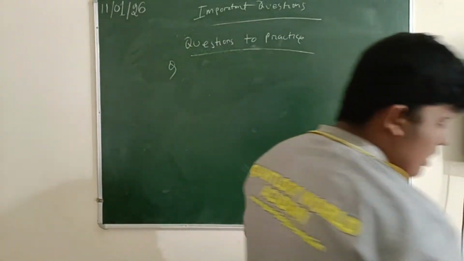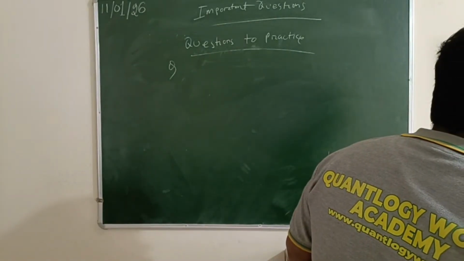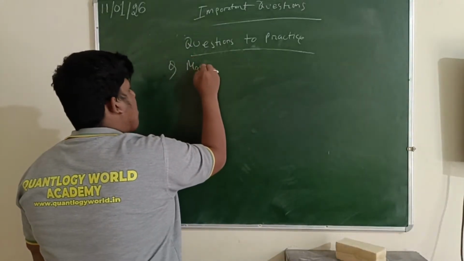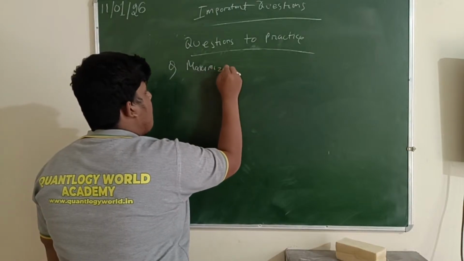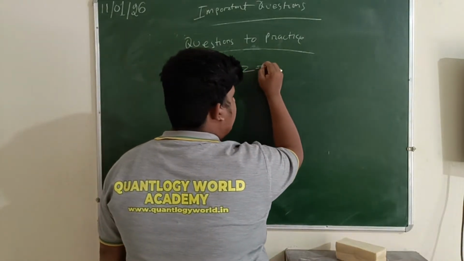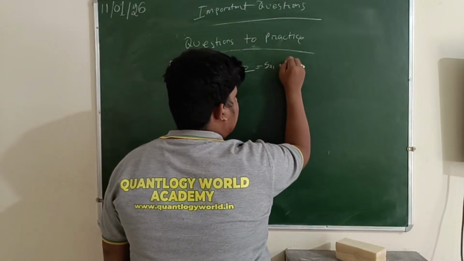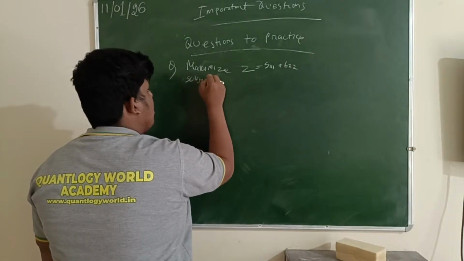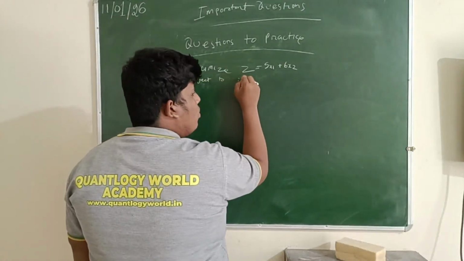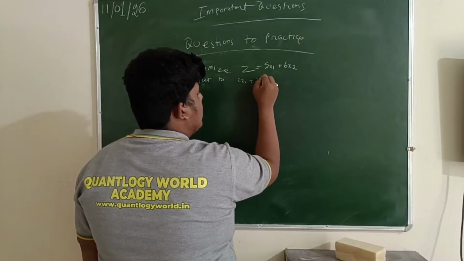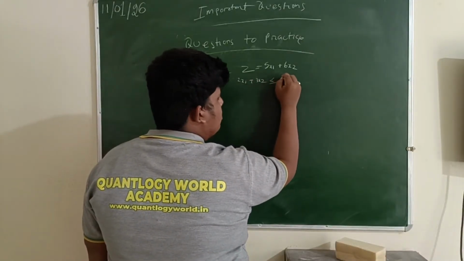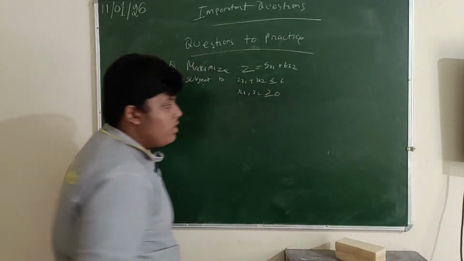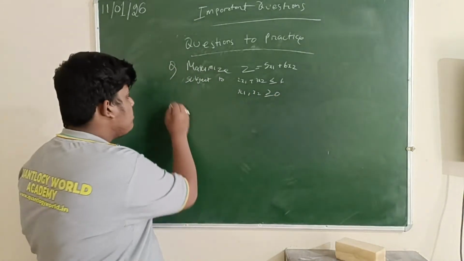First question, I will give one from LPP. Maximize z equals 5x1 plus 6x2 subject to 2x1 plus 3x2 less than or equal to 6 and x1, x2 greater than or equal to 0. This homework question is for LPP.